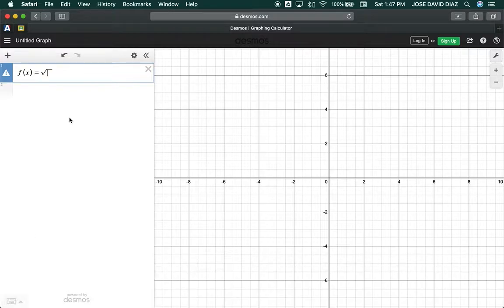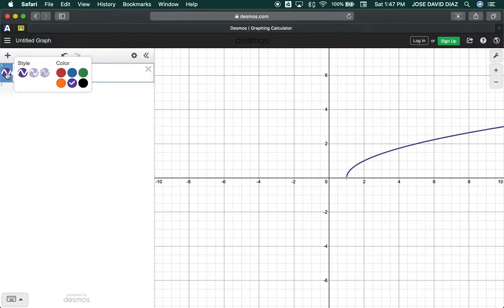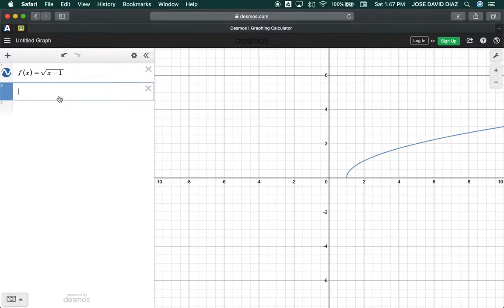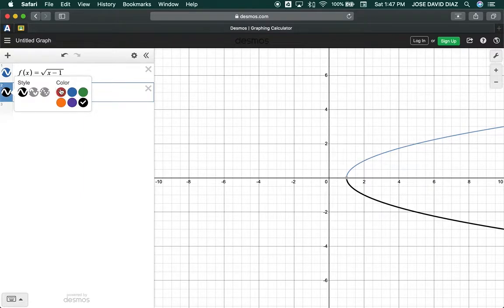Or I prefer, instead, I can type in sqrt, it converts into square root, x minus 1. Let me change the color to blue. And now I'm going to type in g of x equals negative square root of x minus 1. And notice that, let me change that to red.